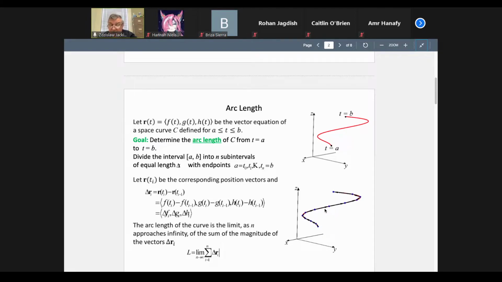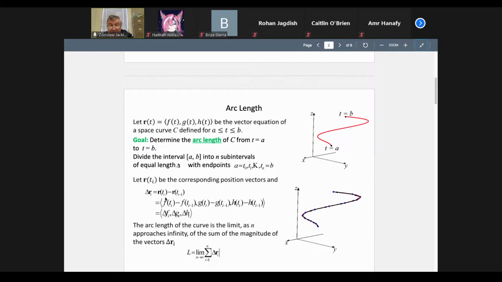T0, T1, T2, Ti minus 1, Ti, Tn minus 1, and the last point is Tn equal B. So you divide this, and then the distance between such 2 points on the curve, well, that's the position vector at the point Ti minus the position vector at the point Ti minus 1. This gives you the distance of the segment which joins 2 neighboring points on the curve.